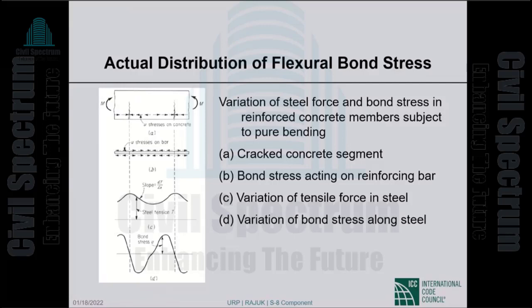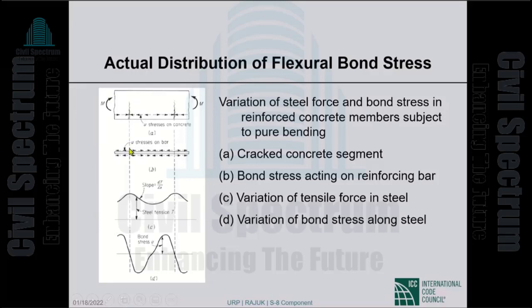Between the cracks, the directions of the bond stresses can be seen. Those directions are important to understand, and outside of the cracks also. Figure B has bond stresses acting on the reinforcing bars. Figure C, very importantly, shows you the variation of tensile force in the steel.